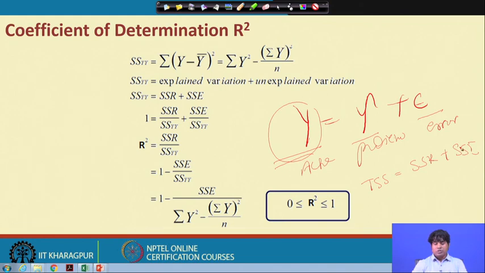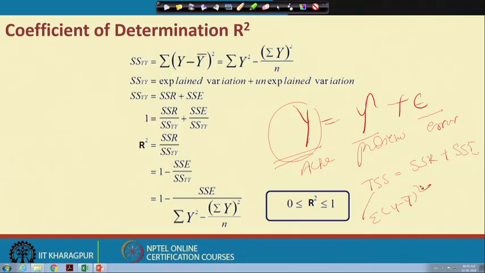The total sum of squares is the summation of y minus y bar whole squared. This is called the total sum of squares, and it is equal to the sum of squares explained, which depends upon y hat minus y hat bar, plus the error component, which is the difference between the actual y and the predicted y.